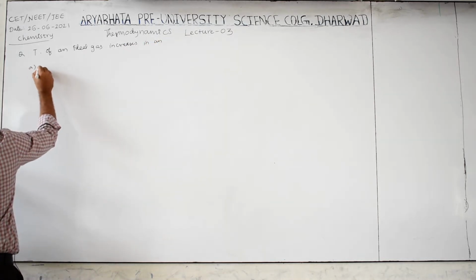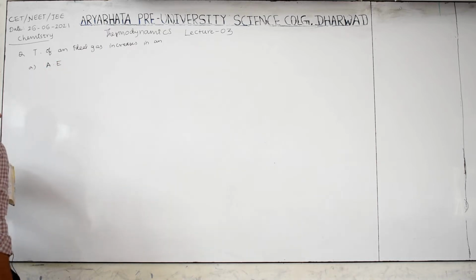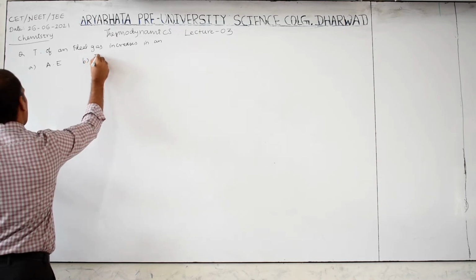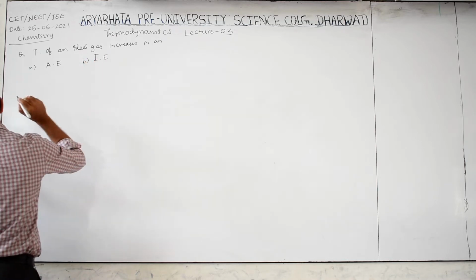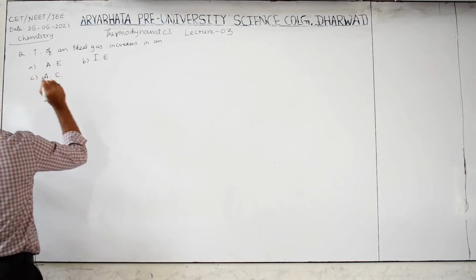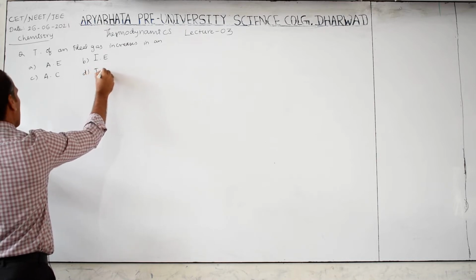Option A, adiabatic expansion. A means adiabatic, E means expansion. B, isothermal expansion. C, adiabatic compression. D, isothermal compression.